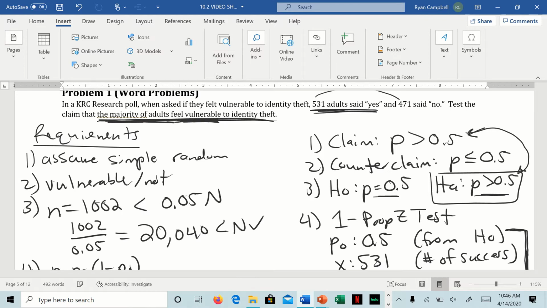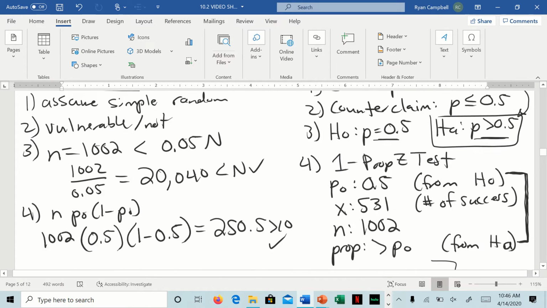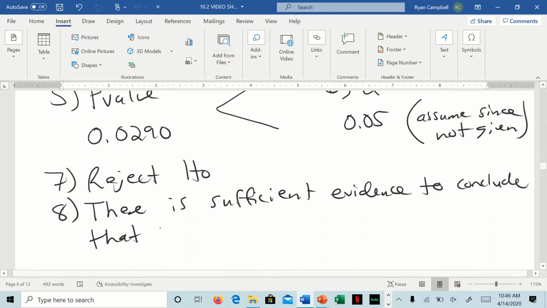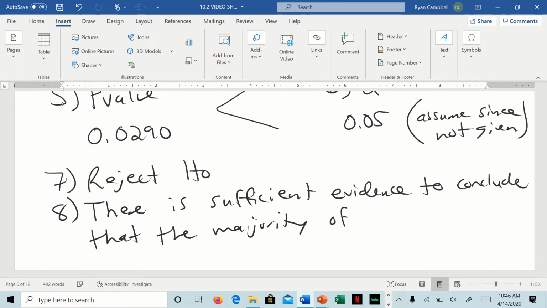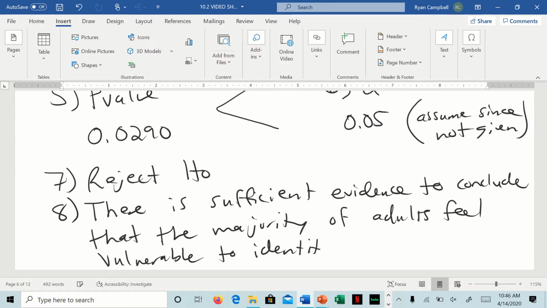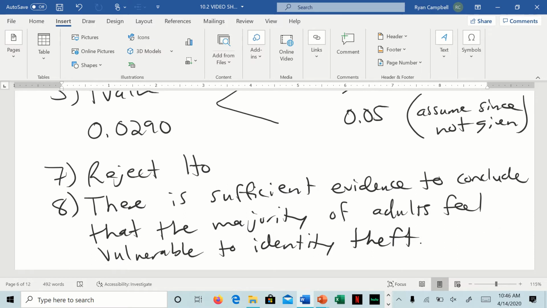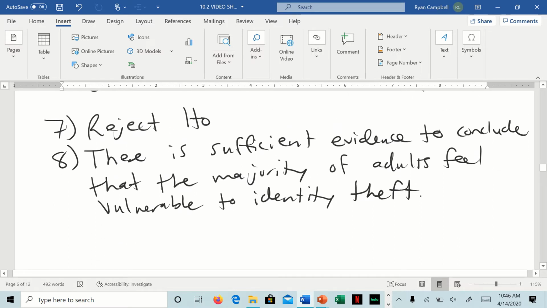That's what we were trying to prove. The majority of adults feel vulnerable to identity theft. Good. And that's it. We have proven this.